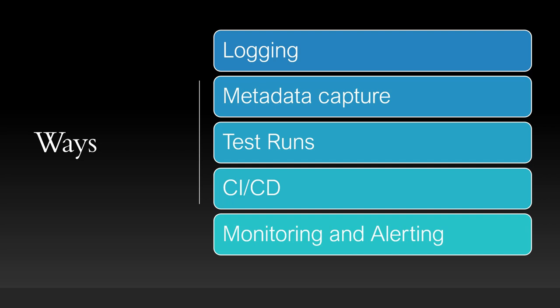Then CI/CD, of course, is an important component, and these days we speak a lot about DevOps and building CI/CD automated pipelines, because there are multiple environments like development, testing, pre-prod and prod. So our pipeline has to propagate through each of these environments and run there before going to production.